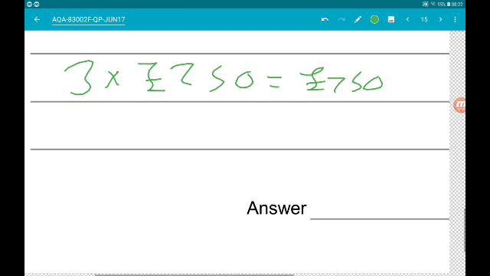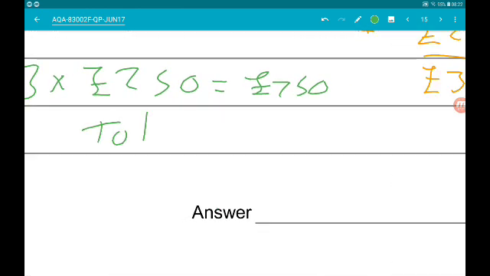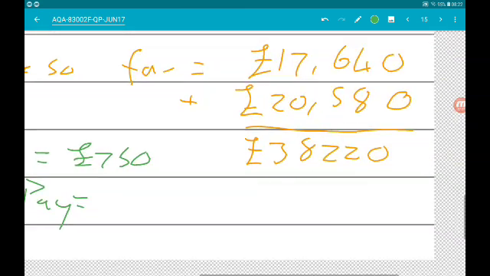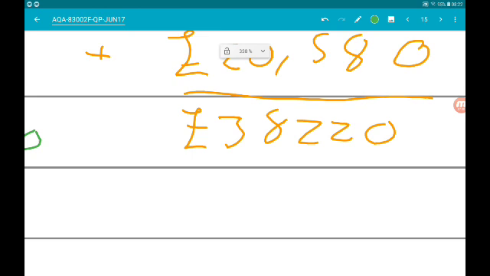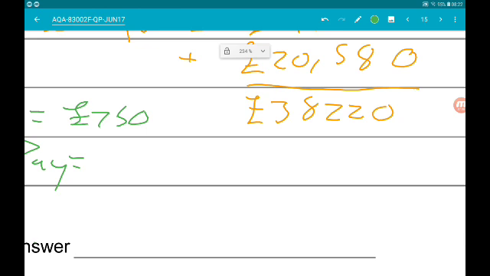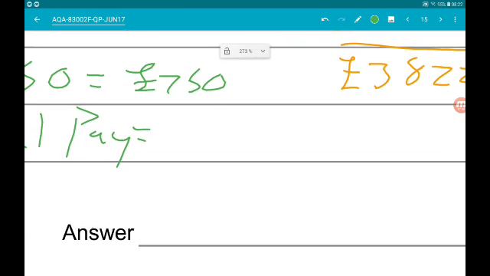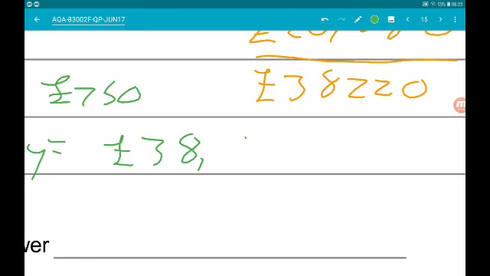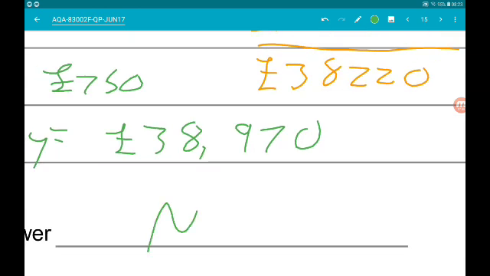So her total pay is 38,220 and 750, which is 38,970. So the answer to the question, does she get paid more than 40,000 in this year, is no.